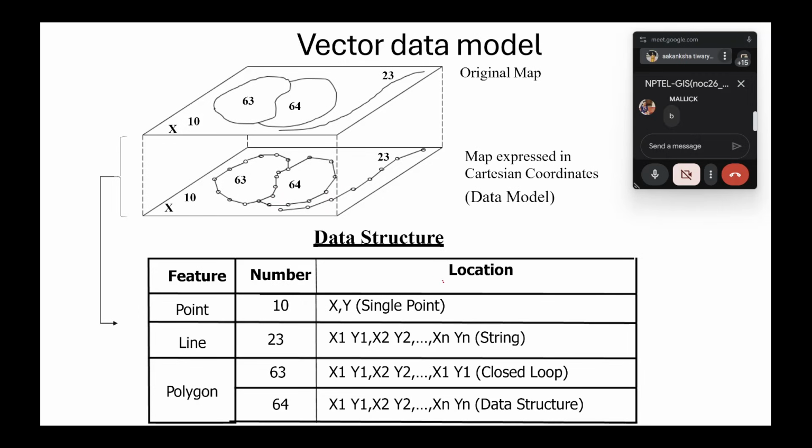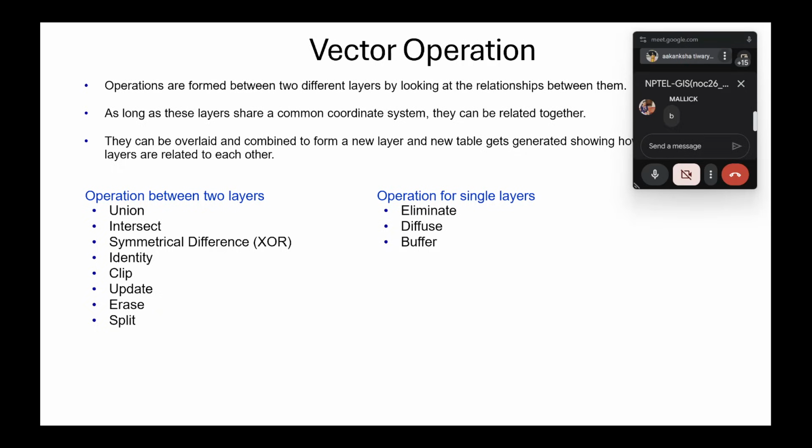This is how the data structure is stored in the vector data model. There are different operations you can do, like union, intersection, symmetric difference, and clip. These are things you can do with vector data.